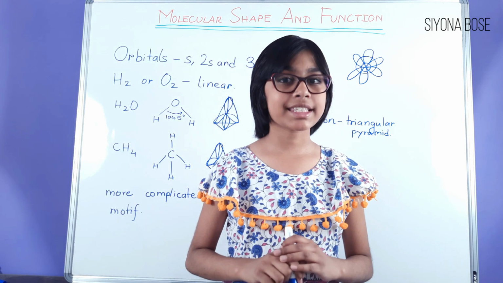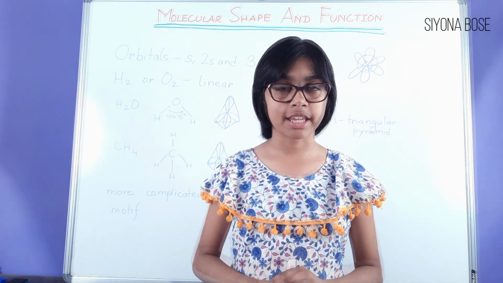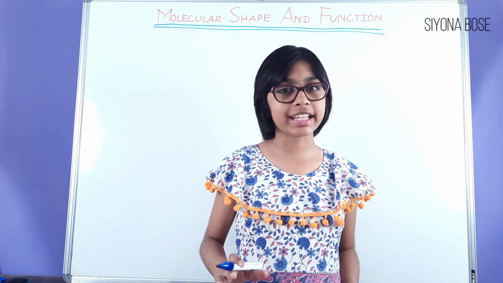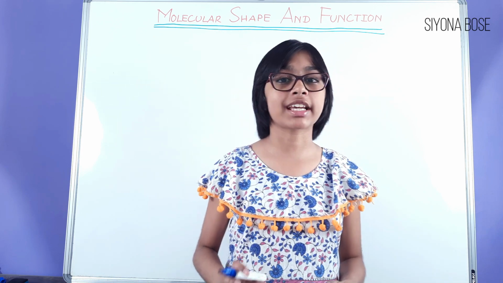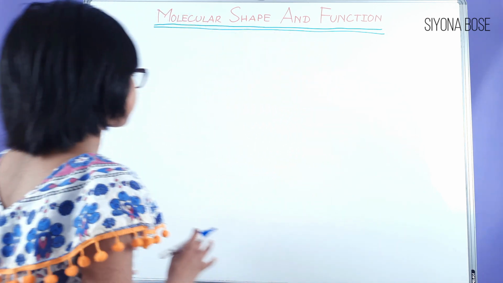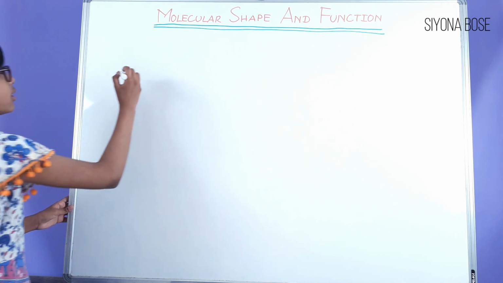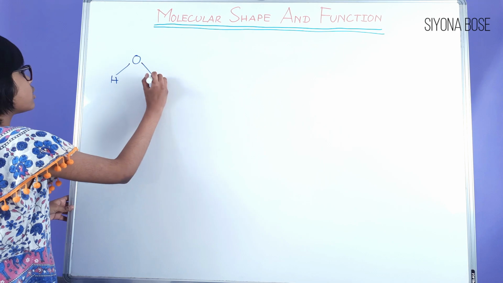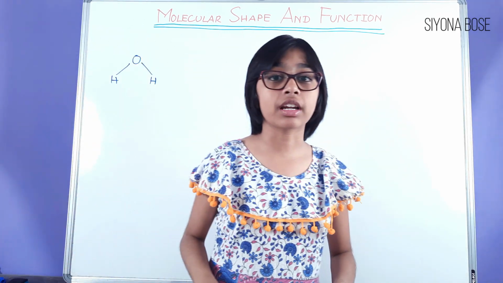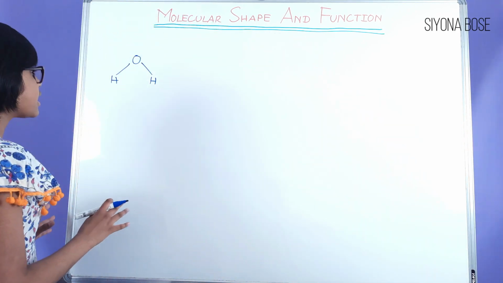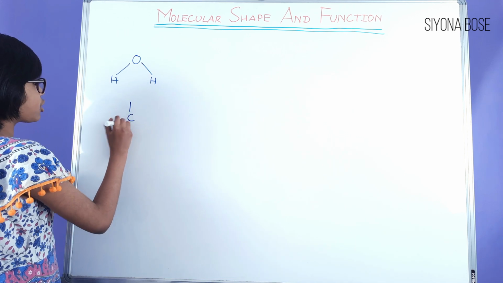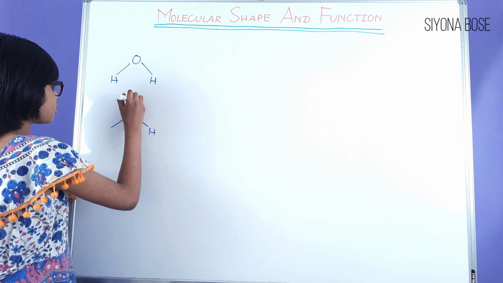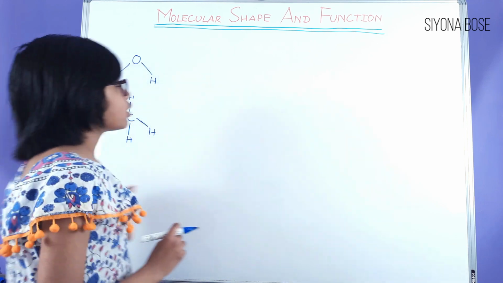Moving forward with our next concept. Before moving on, I would like to elaborate on the tetrahedral figures I discussed in the previous concept. If you take H2O, water, why is it a tetrahedron even though it's not fully perfect like the structure of methane? I will explain by superimposing it.